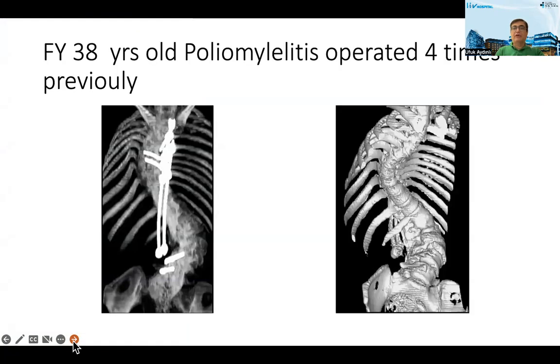So this is a poliomyelitis case, operated four times previously, with a huge deformity, broken instrumentation, and inadequate instrumentation and surgery performed previously. For this reason, the patient has pulmonary problems and also had pain.